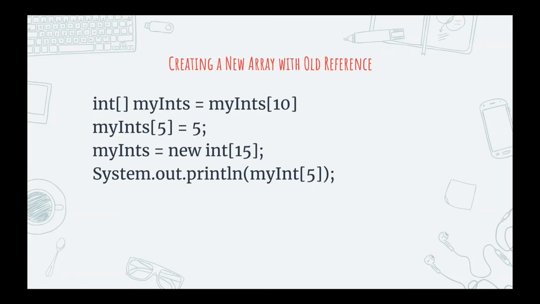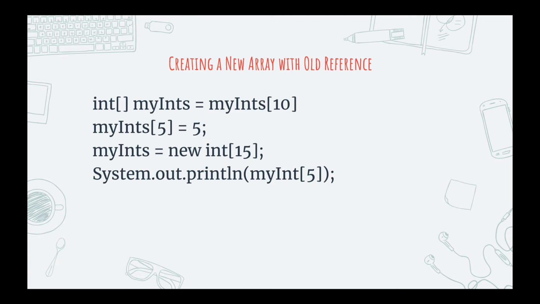So if you want to create a new array with an old reference, this is what occurs. I declared an array of 10 elements, and just for the purpose of showing you what actually happens when we use an old reference to create a new array, I changed the value at position 5 to, well, 5. So at position 5, it's going to have a value of 5. At the rest of the positions, it's going to have a value of 0.